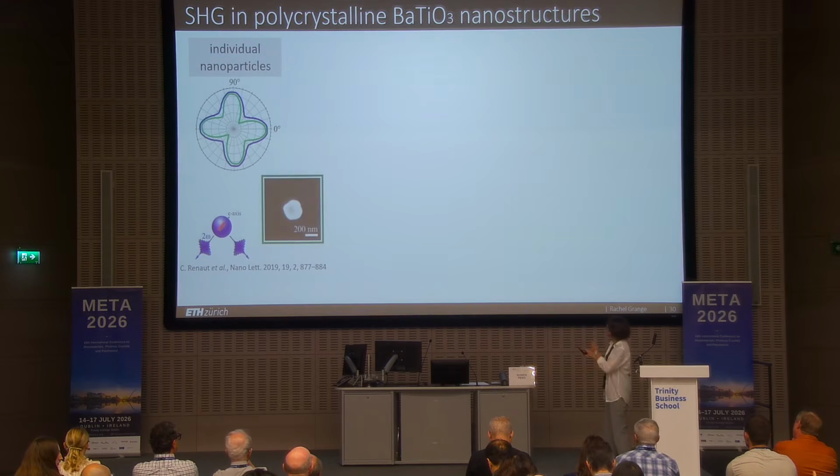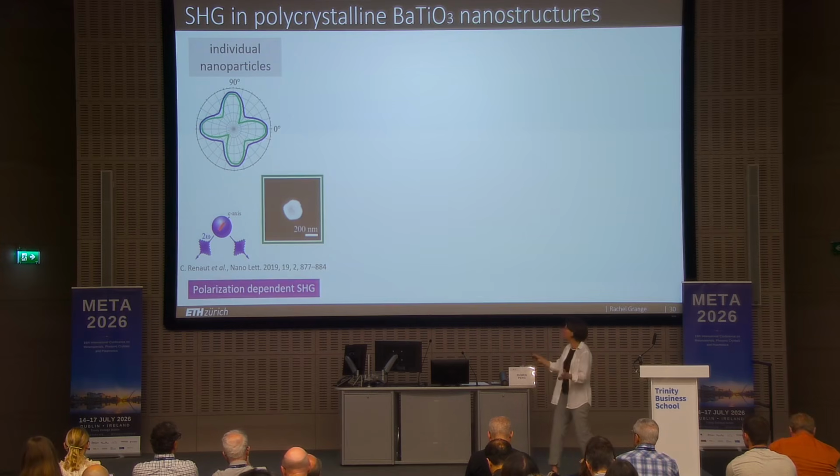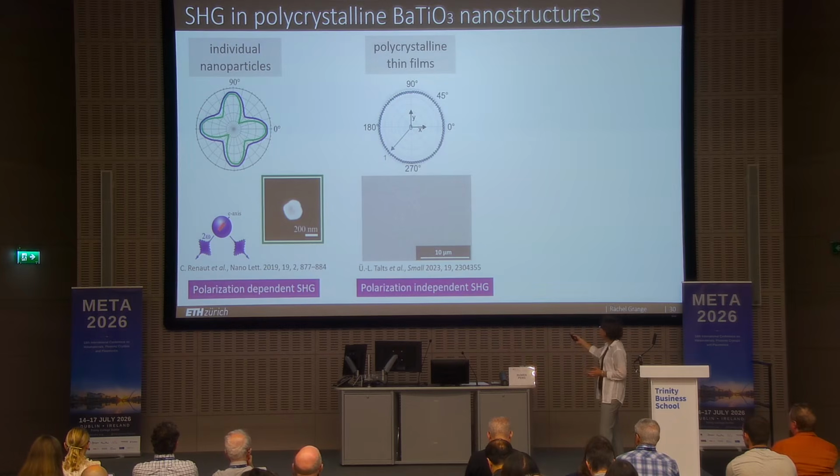And for instance, we can measure, of course, in individual nanoparticles that are crystalline, you have a dependency on the polarization, and you measure second harmonic generation, and it follows the tensor that you're expecting down to certain sizes. But when you have thin films, polycrystalline films, there is no dependency on the polarization.